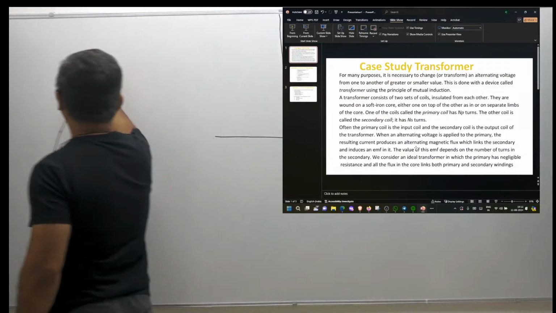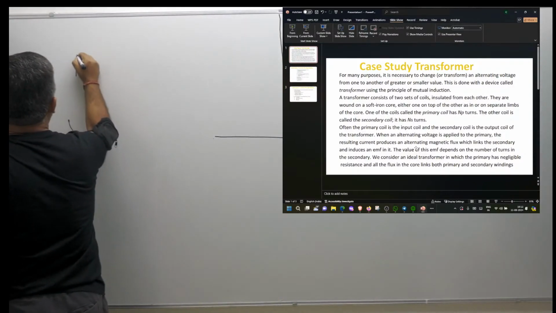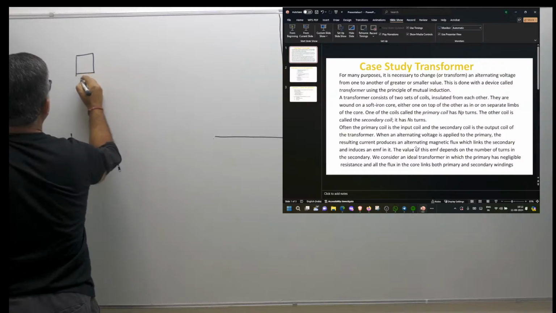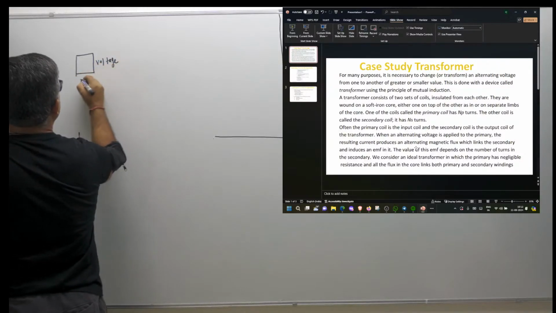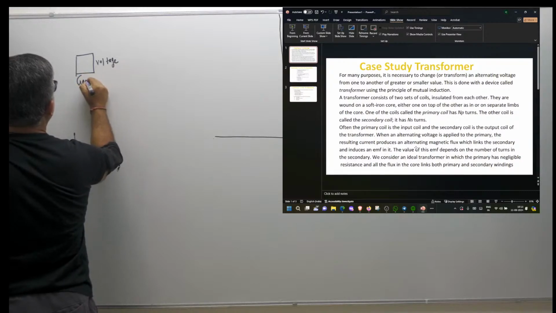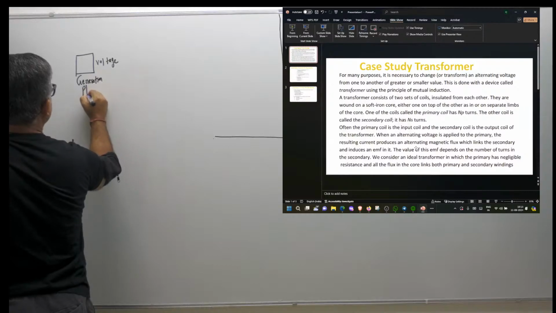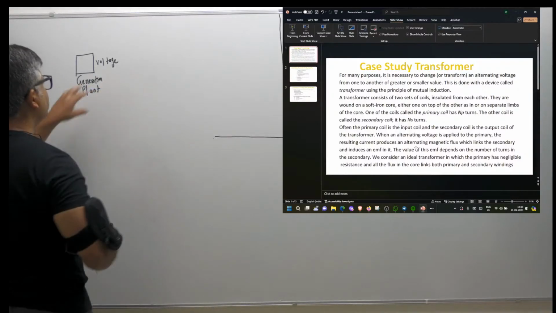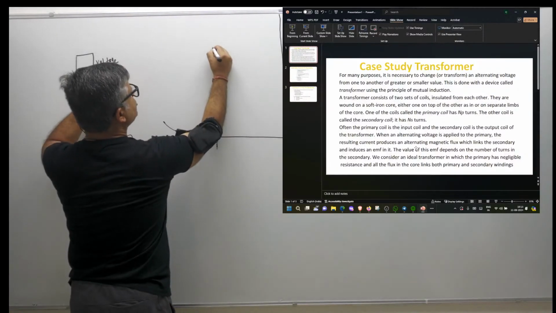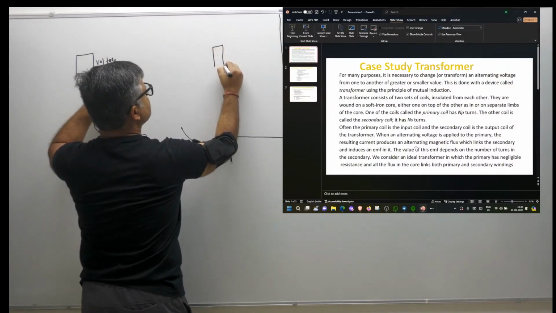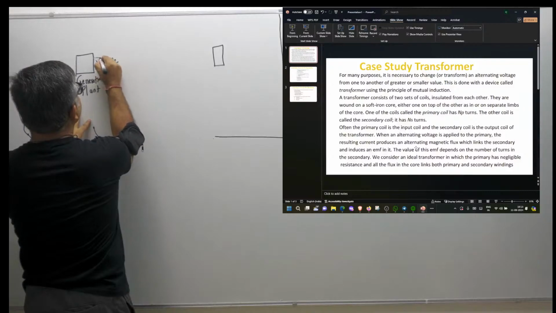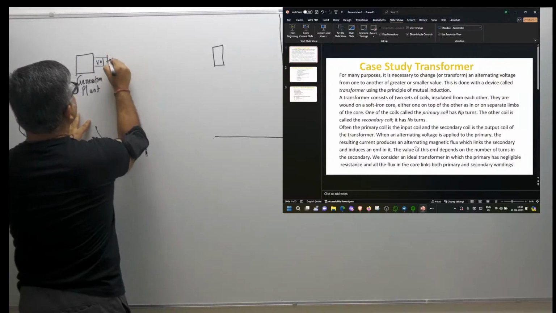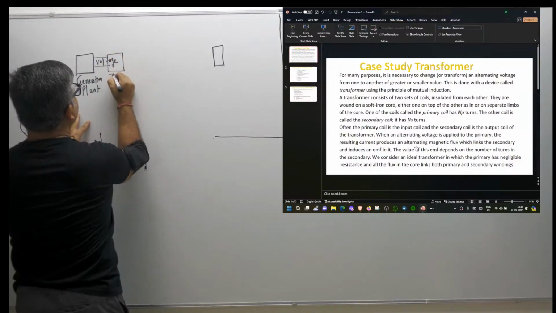So what you do is you generate your power at a certain voltage. This is the voltage with which you generated, and this is your generation plant. Before it hits your house, this is your house, we increase the value of this voltage by using a transformer.